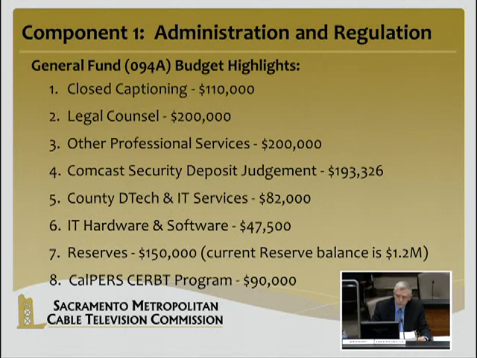County DTEC services and IT hardware are two items that are higher this year. We normally pay county DTEC services, and actually they do a good job for us. There's a lot of technical things that happen with the Cable Commission and our interface with the county IT system. It's invaluable service.